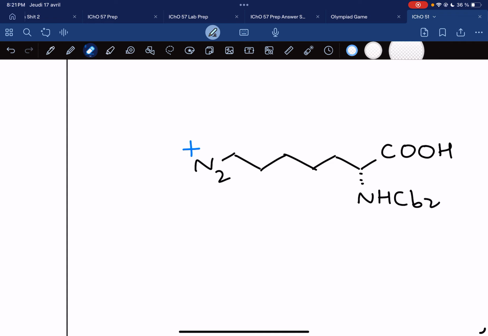And then the sodium acetate will come and attack in an SN2 fashion to replace that diazonium ion to form nitrogen gas and this compound. So it's just going to turn it into a good leaving group and SN2 it.